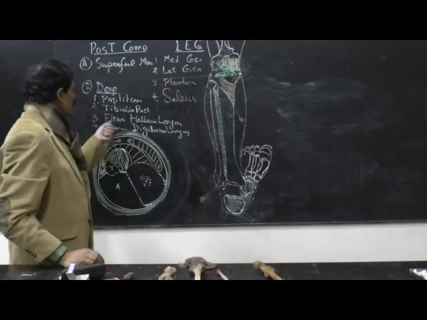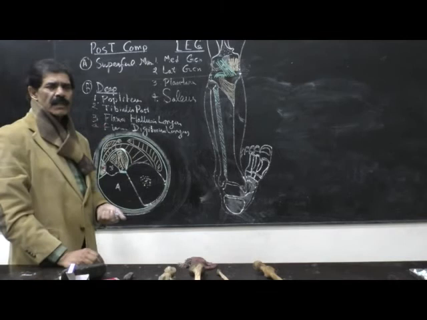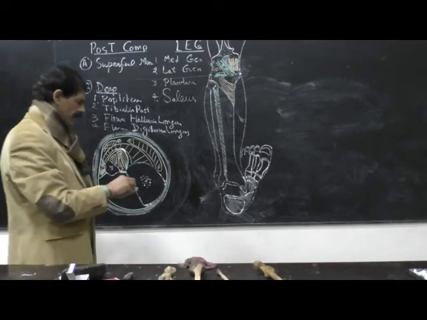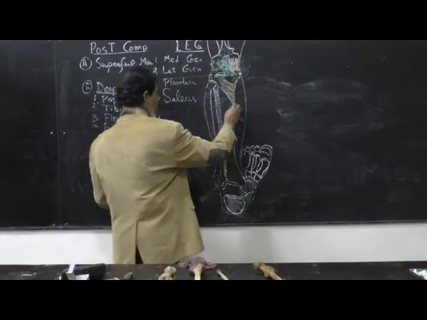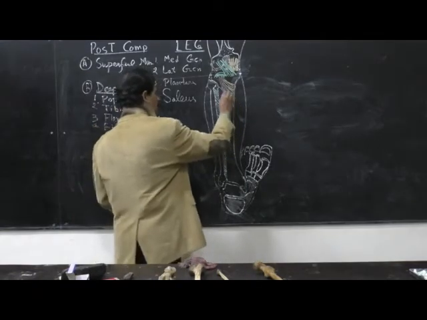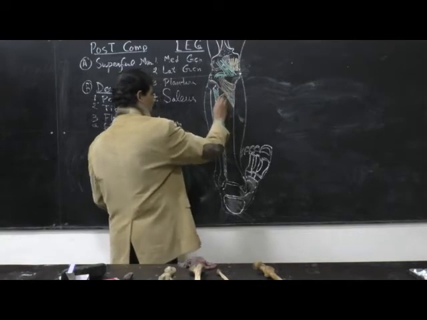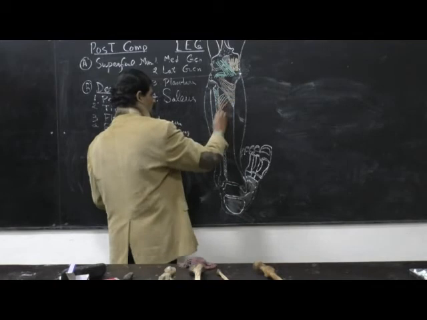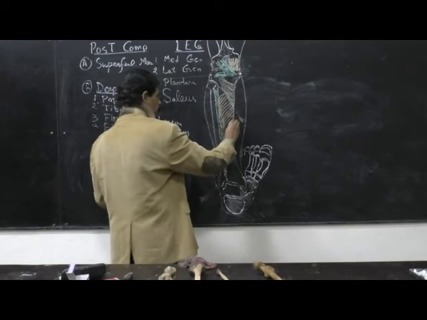Then another muscle is the tibialis posterior. As the name suggests, it takes origin from the posterior surface of the tibia below the soleal line, plus the adjoining part of the interosseous membrane, as well as the upper part of the shaft of the posterior surface of the tibia.